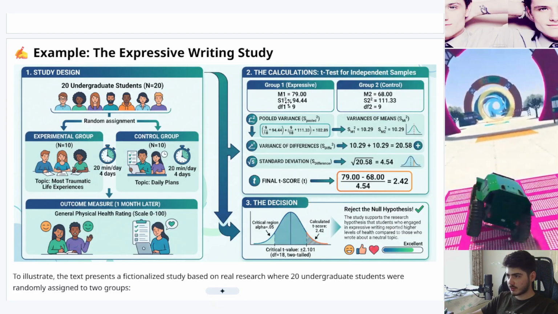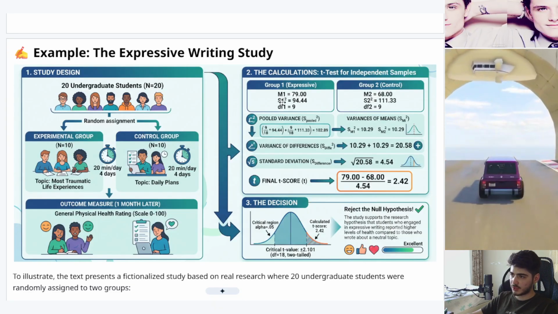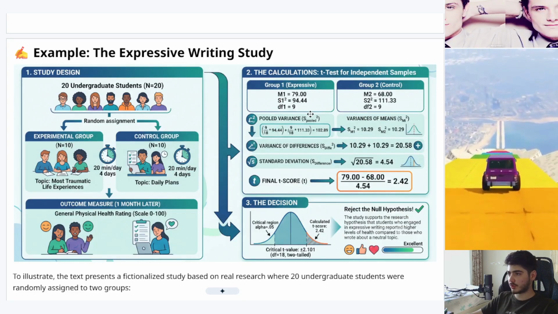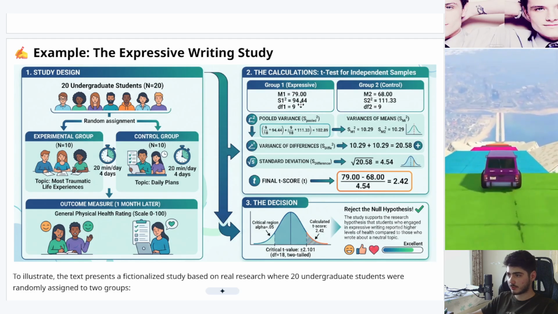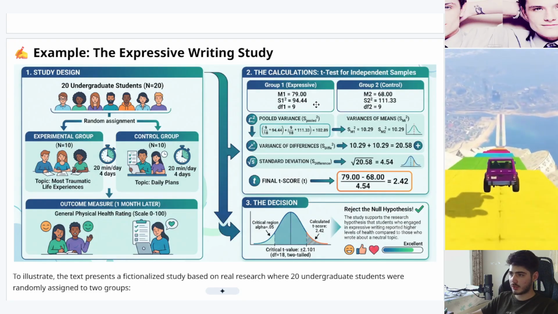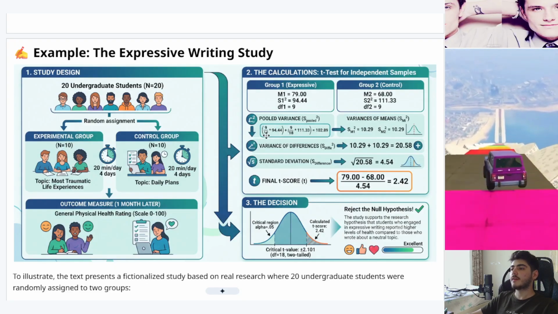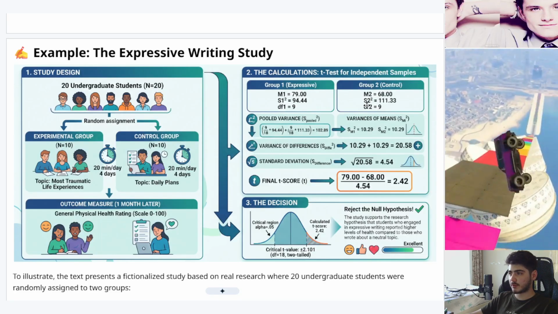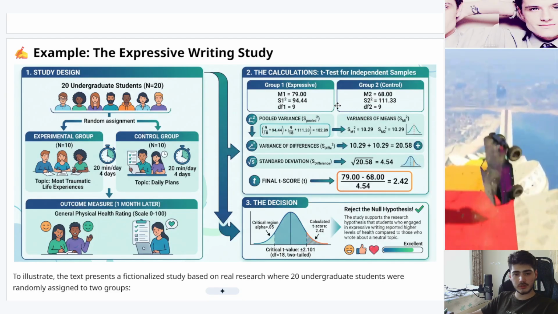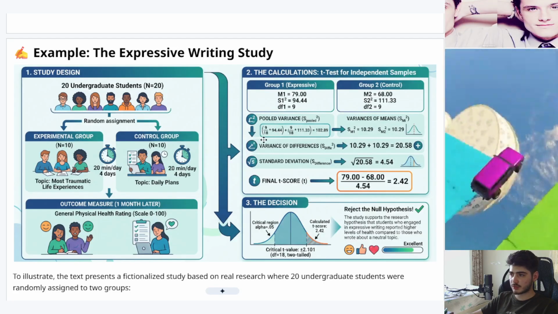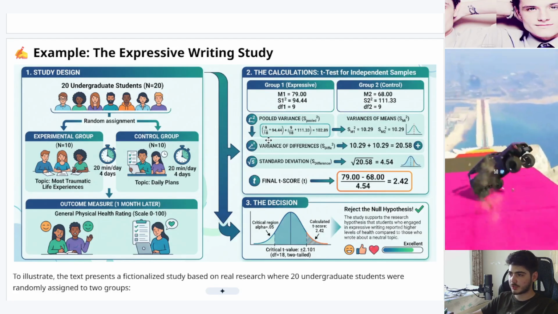And their deviation is 94.44, and their degrees of freedom is 9. So since we have these metrics already, our job is much easier. Since the df of this is 9 and the df of this is 9, we just add them together and use that for the pooled variance calculation.